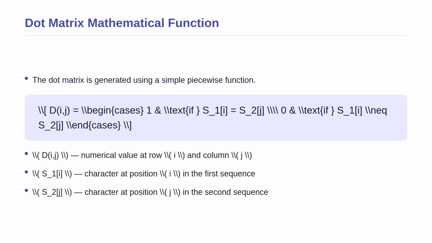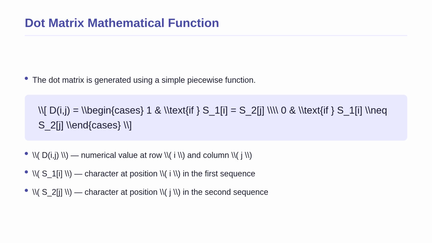To understand how a computer generates this grid, we need to define it mathematically. The formula is a simple conditional statement. The term d of i, j represents the numerical value at a specific row and column in our grid. S1 of i is the character in the first sequence, and S2 of j is the character in the second sequence.